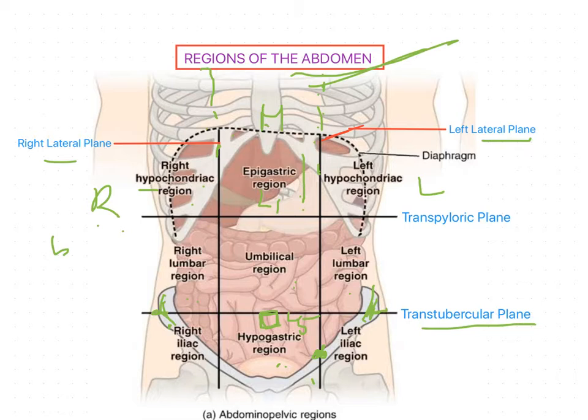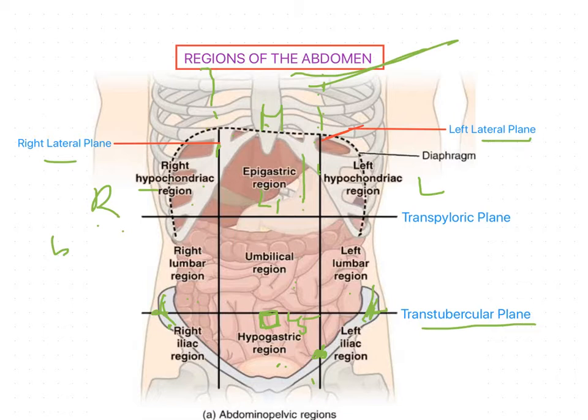Okay, so why should we know these regions of the abdomen? For the location of viscera, and also for describing where the exact position of the viscera is.